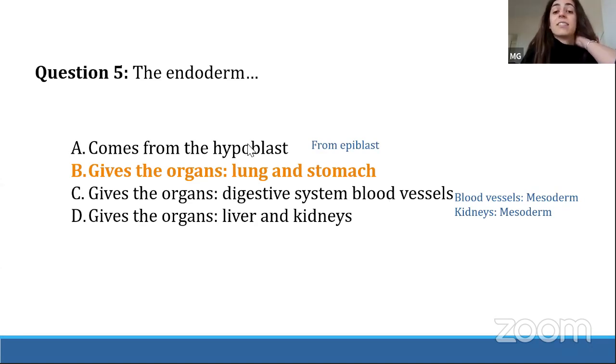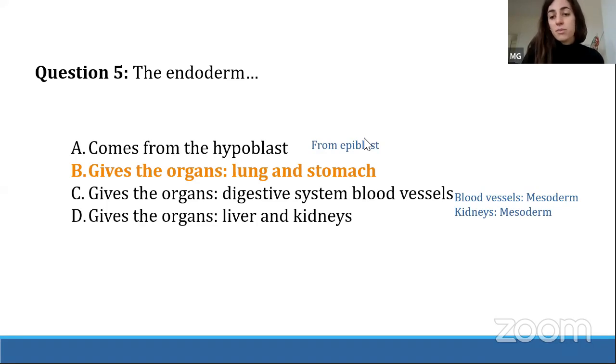And the kidneys come from the mesoderm as well. So actually the correct answer is the lungs and stomach, okay? But when I say stomach, it's not only the stomach, it's also the rest of the digestive system that comes from the endoderm, okay? And it doesn't come from the hypoblast, it comes from the epiblast. Okay, so we're going to move to the next question.